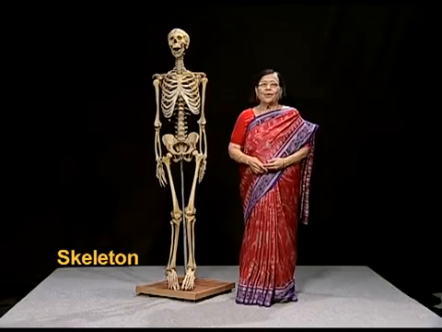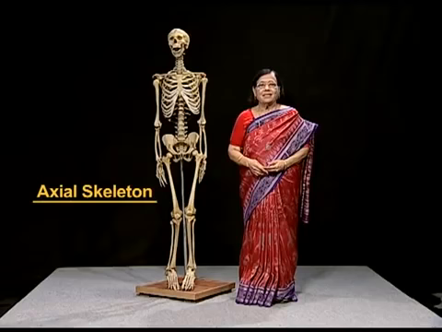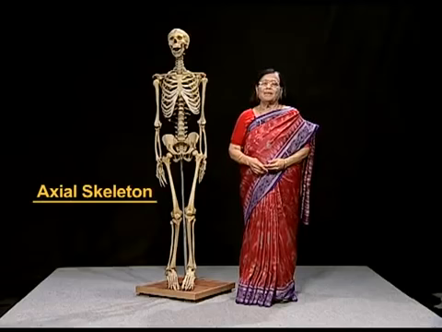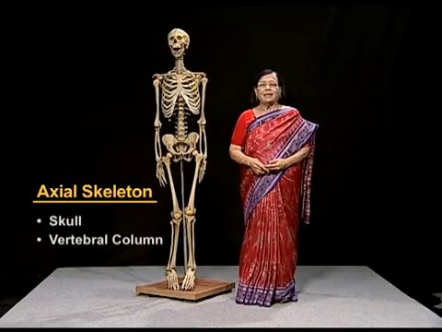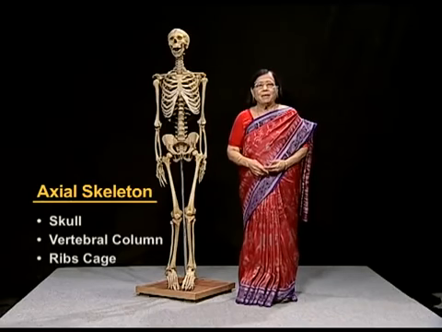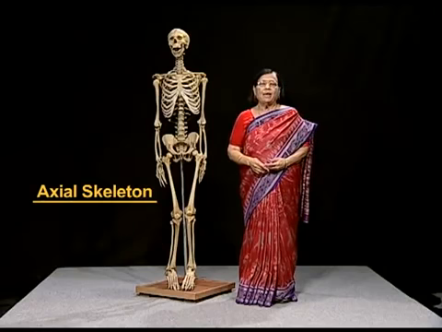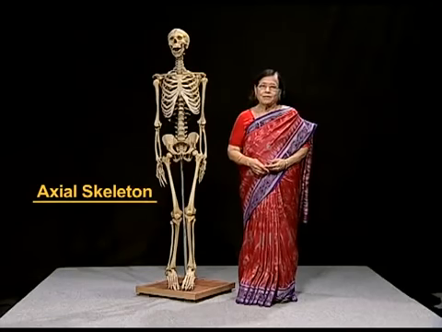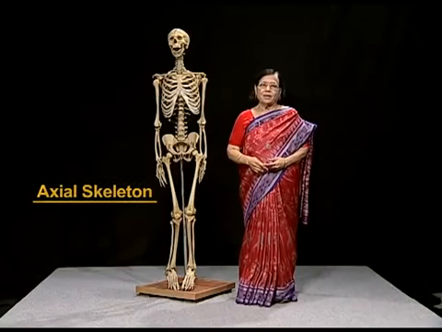As you know, in the skeleton there are two main divisions. The axial skeleton, in which come the skull, the vertebral column and the rib cage. As the name indicates, axial means axis, it makes the axis of the body, and that is our head, our chest and the vertebral column.